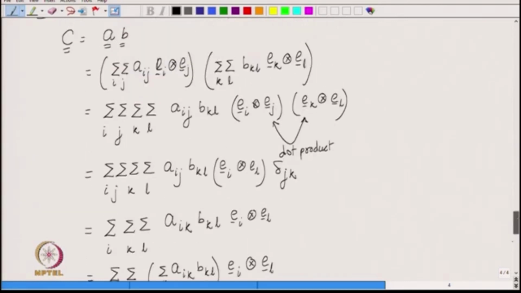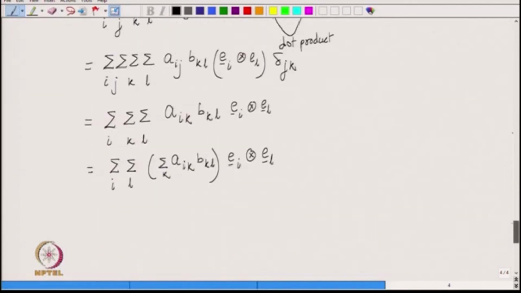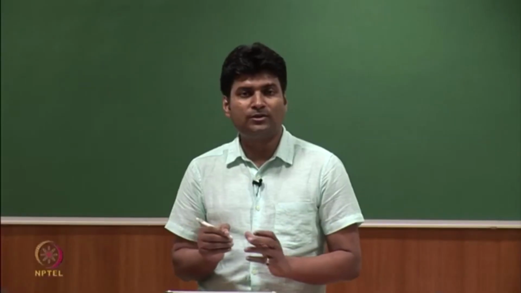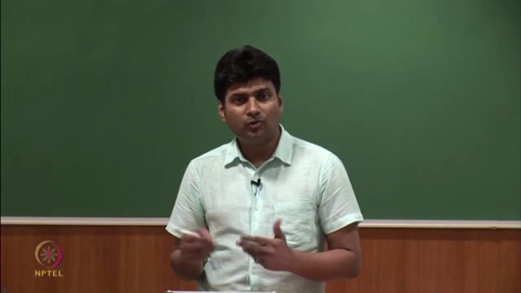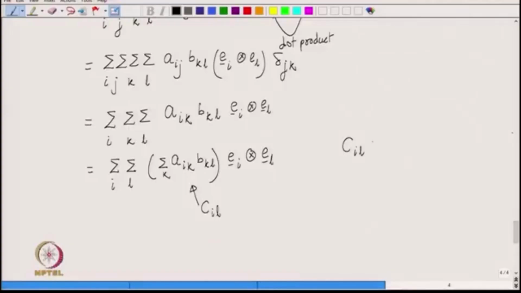And you see this has to be C, the tensor C. So, do not you think the thing inside the bracket is actually C_il? So, now we know what happens when two tensors multiply, what happens to its matrix form. C_il is simply summation over k of A_ik into B_kl.